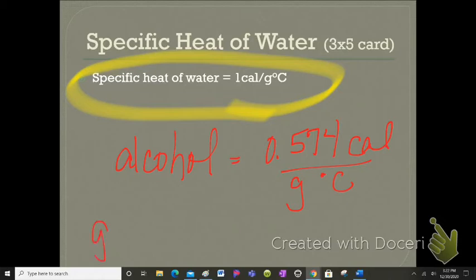If I was looking at glass, it takes 0.201 calories of heat to raise 1 gram of glass by 1 degree Celsius. Okay? So just looking at this and comparing it with water, it takes less heat to heat up 1 gram of alcohol, and it takes even less than that to heat up 1 gram of glass.